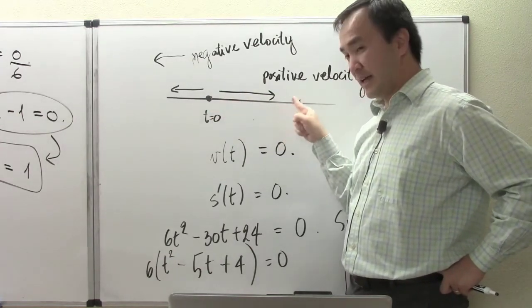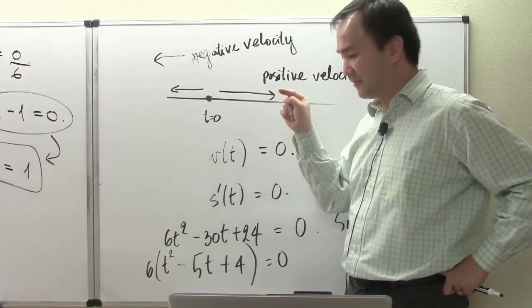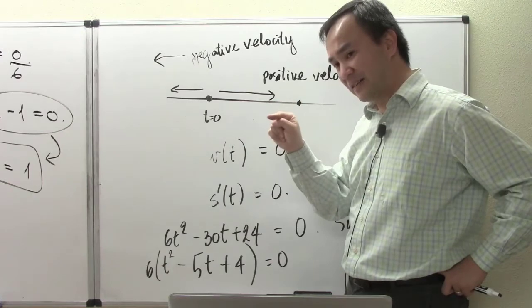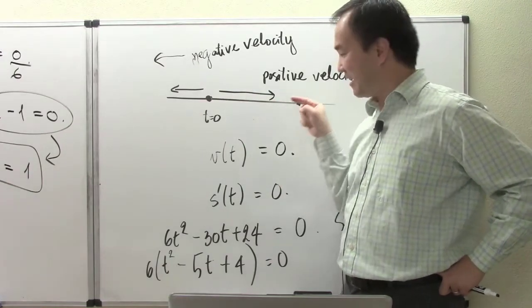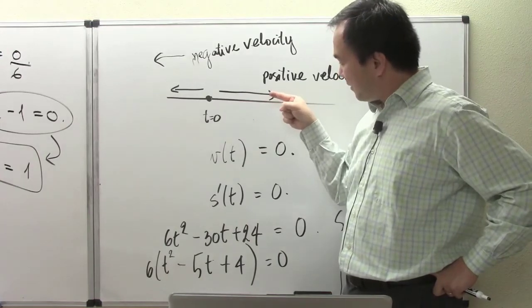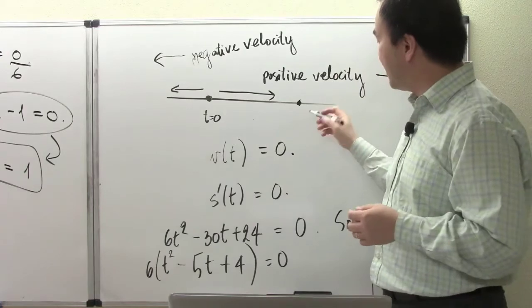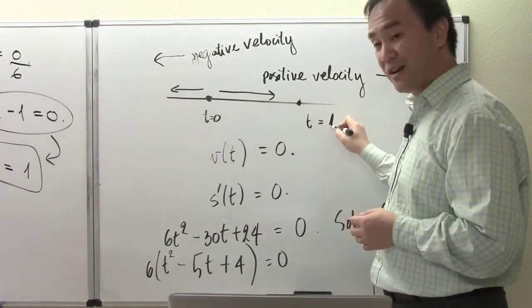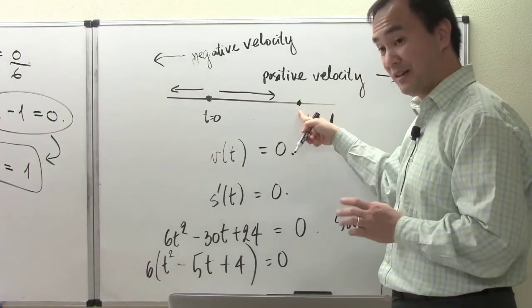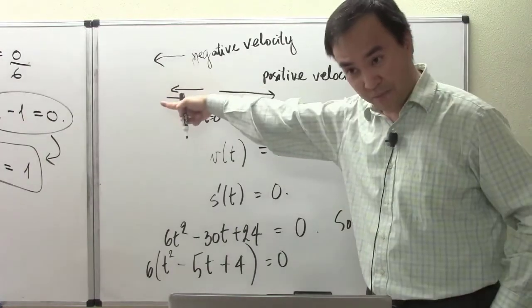And then remember, at t equals 3, the velocity was negative 12. So at some time instance, the particle had already headed back that way. So there has to be a time instance, t equals 1 somewhere here, where the particle hits here and changes its way, heading back.